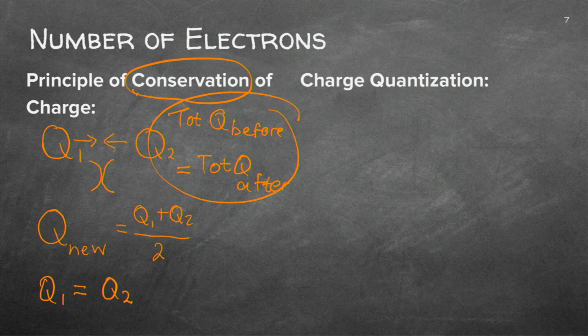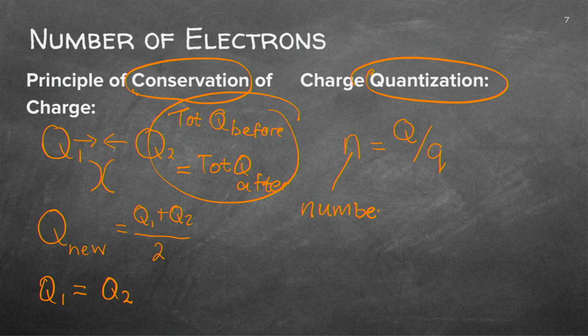And then there's another equation on your information sheet. I hope you have recollection of this equation. This says I can quantify how many electrons, this is the number of electrons that's been transferred.